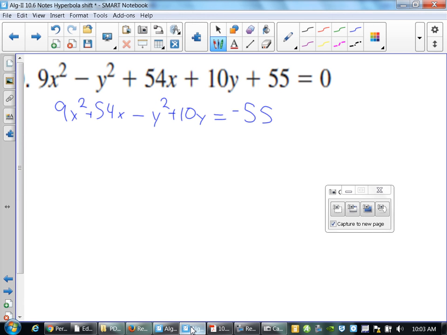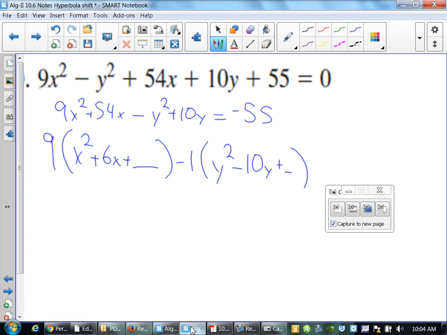Now the reason why I wanted to show you this one is the trick that happens with the y squared. Obviously here I got to factor out the 9. I get x squared plus 6x plus blank. What do I take out of the other one? Negative 1. And now I get y squared minus 10y plus blank.